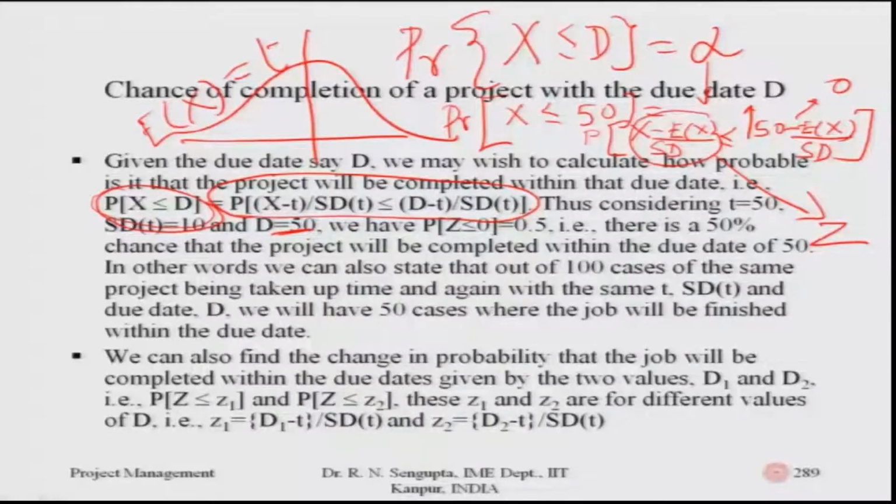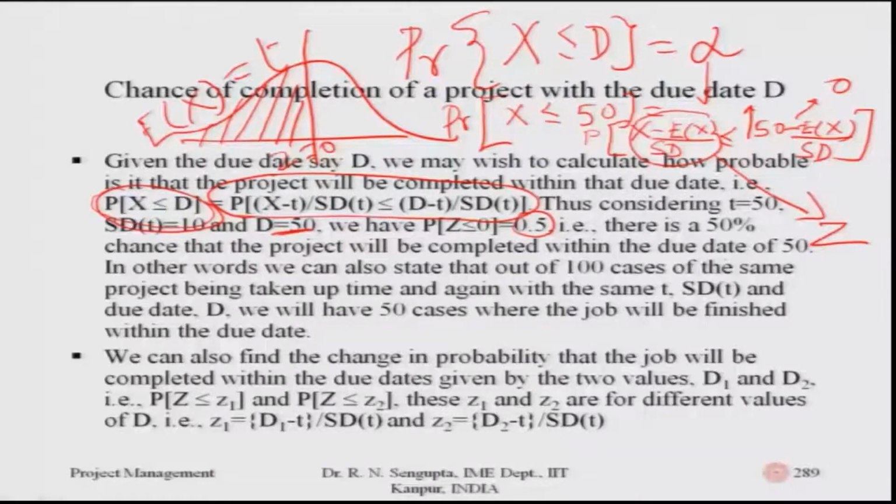So, this value z equal to 0 is the mean of the standard normal deviate, and the standard deviation for this is 1. So, the overall coverage till the mean value of 50 is 0.5. So, it is 50%. So, the chance the project will be completed within the due date of 50 is 50%.